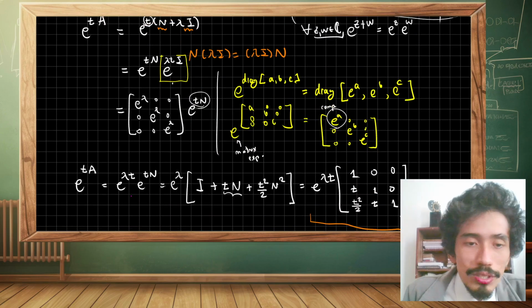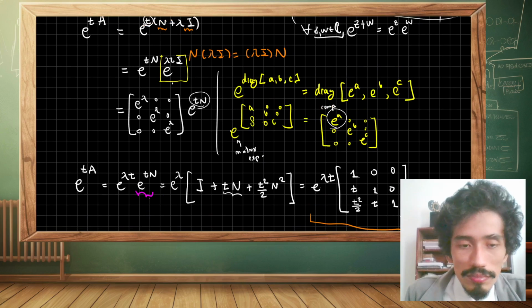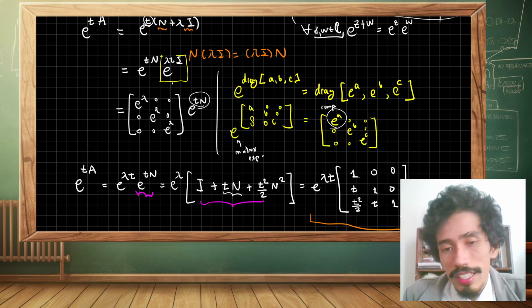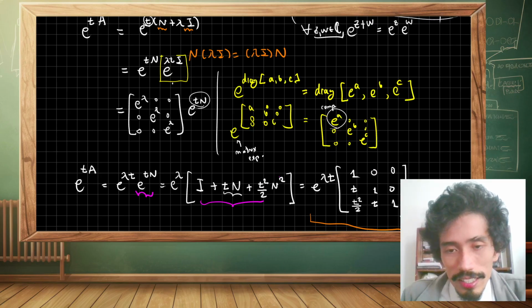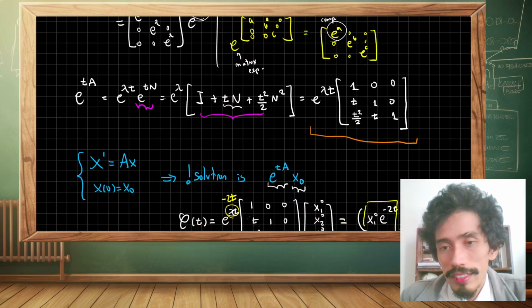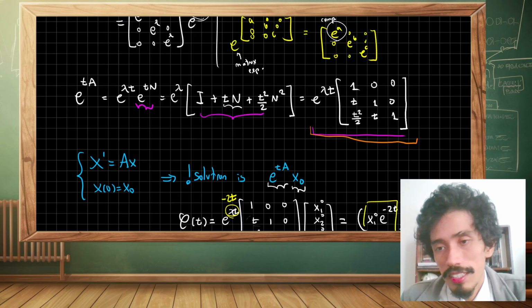And lastly, we use the property that a nilpotent matrix has an exponential, which can be calculated just by the first n terms, or less than or equal to n. In this case, we only had to calculate the first 3 because N cubed was already equal to 0. And we did that. We had this matrix here.